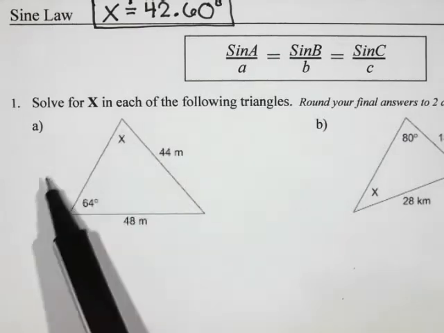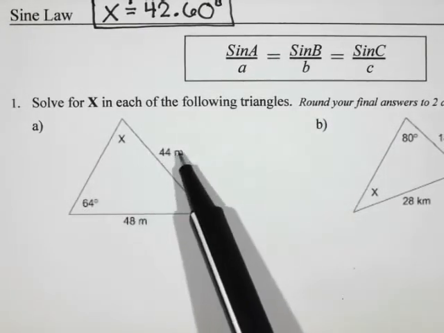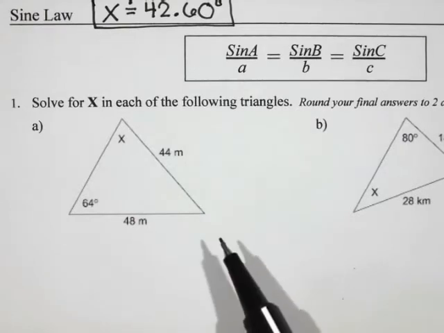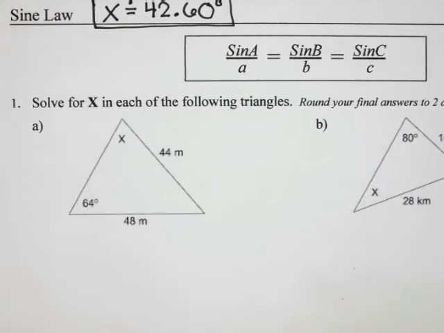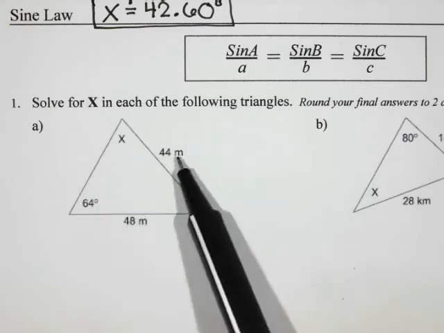So in order to use sine law in a triangle, you have to know at least one of those angles, and you need to know a side across from that angle as well. So now that I know that I'm using sine law, I'm going to label my triangle the same way we labeled it for cosine. I always start with the angle being A. And when we were doing sides, we usually did the angle that was across from the side.